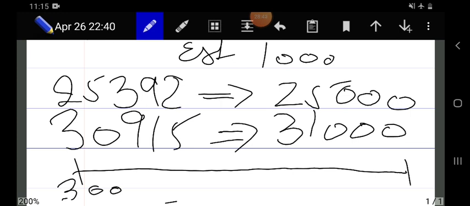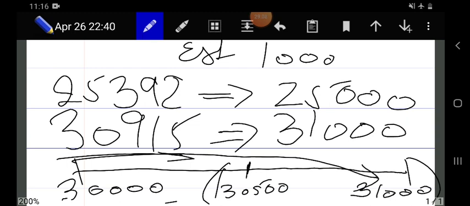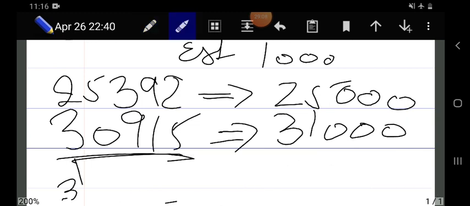It will lie between 30,000 and 31,000. The midpoint is 30,500, and this number will lie between 30,500 and 31,000. So we will estimate it to 31,000, and the estimated value will become 31,000.